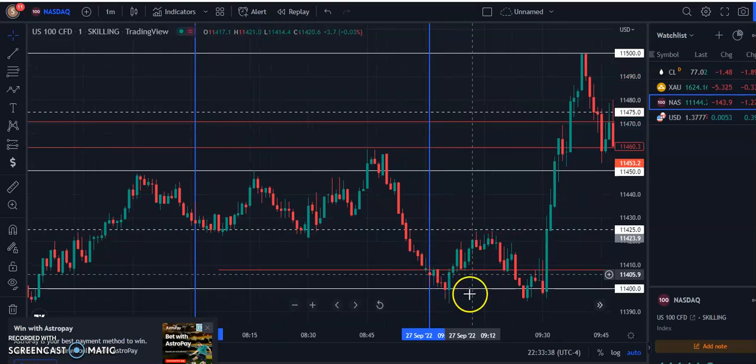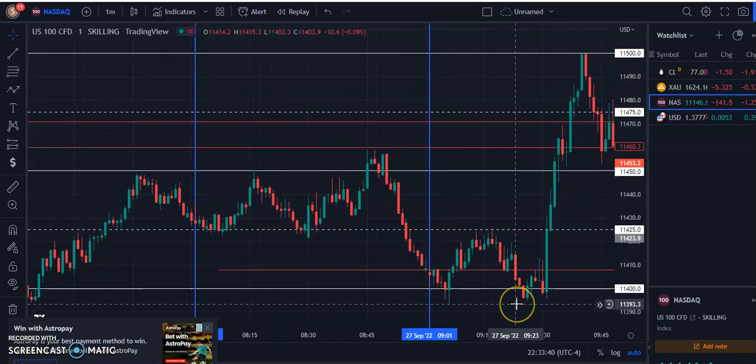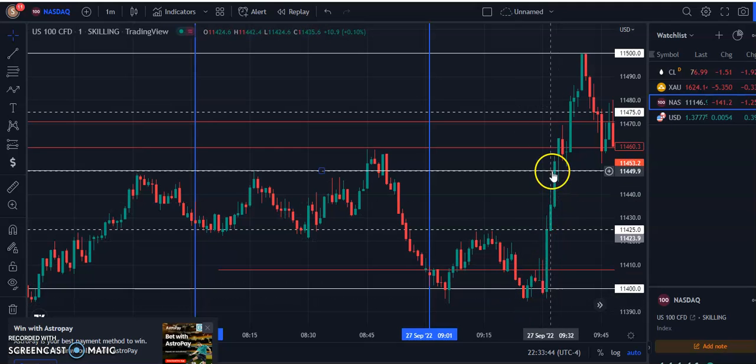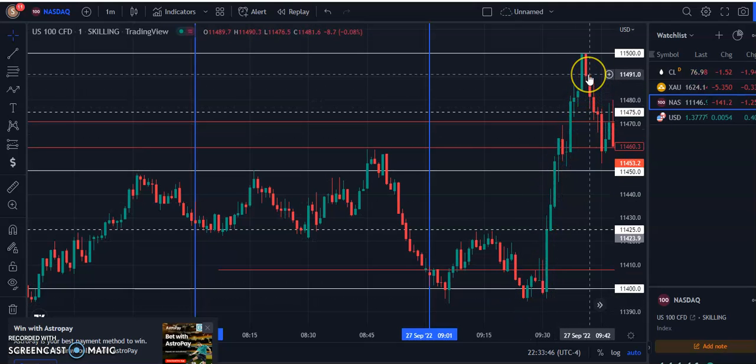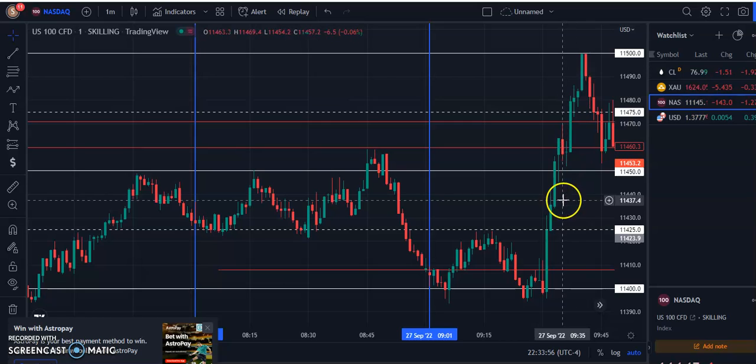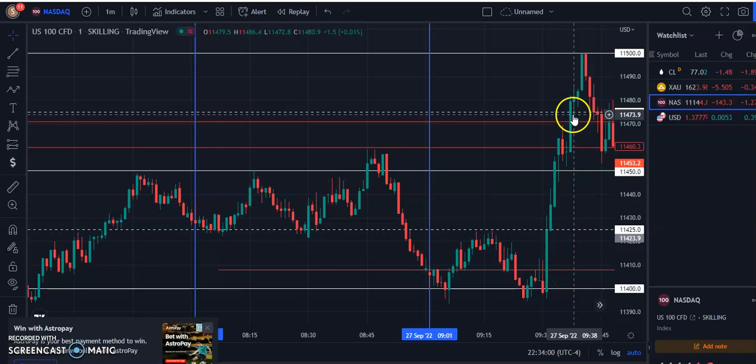Now, before 9:30, we get this pump to the high. Now, keeping in mind the other two instruments had a range of about 50 pips, Nasdaq has a range of 1, 2, 3, 4, 100 pips.